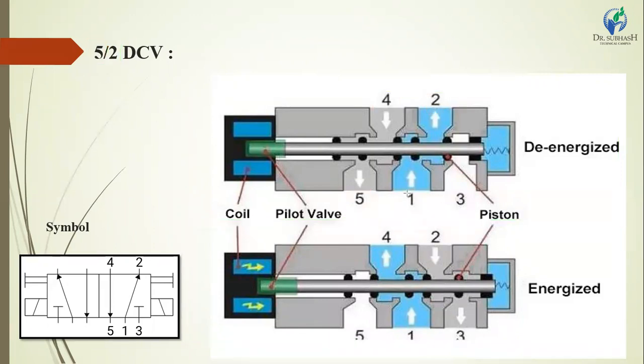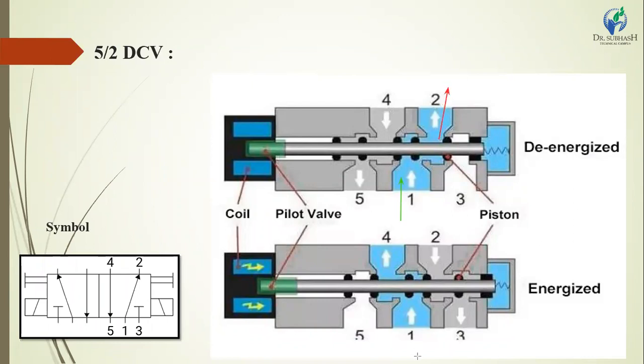Here point 1 is considered as point P, which means it is directly connected to the hydraulic pump. The hydraulic oil enters from point 1 and exits to port 2.